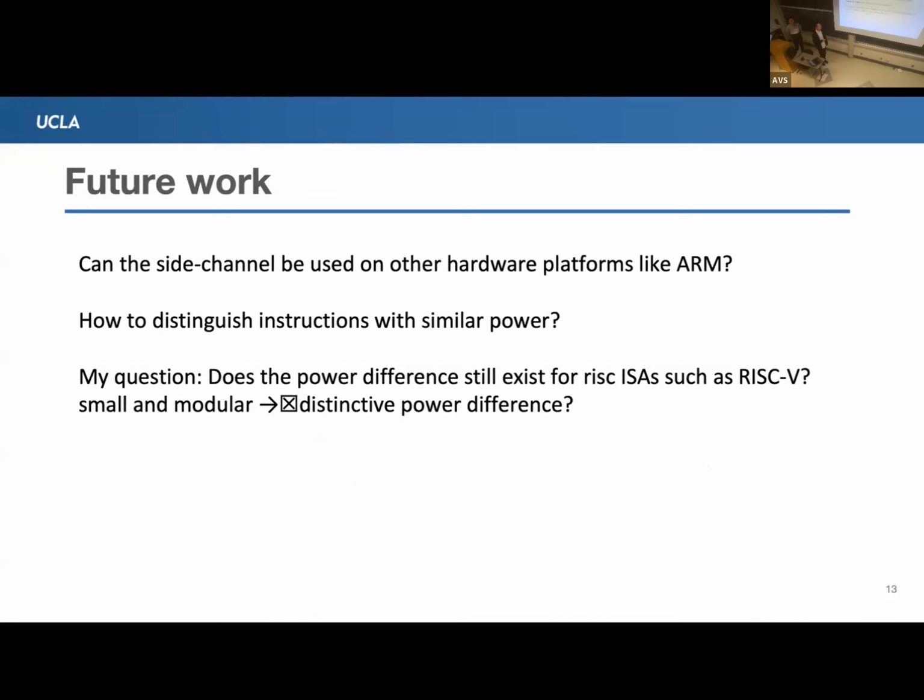And in my point of view, these two questions actually lead to a more fundamental question: does the power difference still exist for RISC architectures such as RISC-V? Because RISC architectures, compared to CISC, are smaller and more modular, so they may not have such distinctive power differences for different instructions, and such a power side channel attack may not be true for such platforms. Thank you.